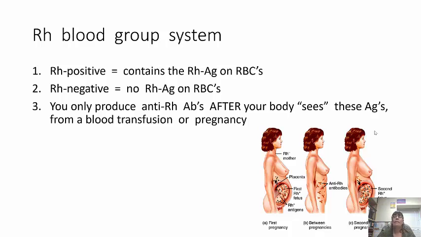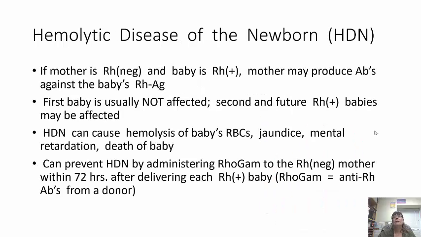Now the problem with this, we're going to talk about hemolytic disease of the newborn right now. If you have a mother that is Rh negative and a baby that is Rh positive, everything is fine on the first child. But when the child is born and that placenta detaches, the blood mixes temporarily.